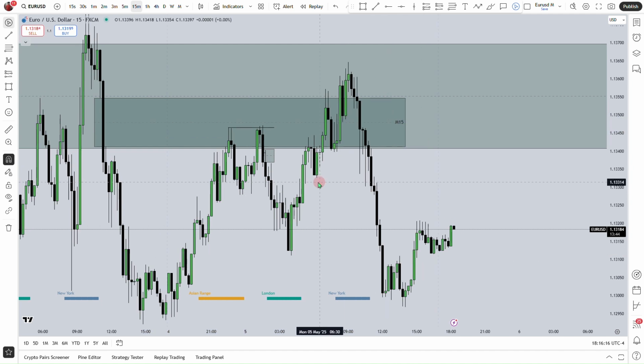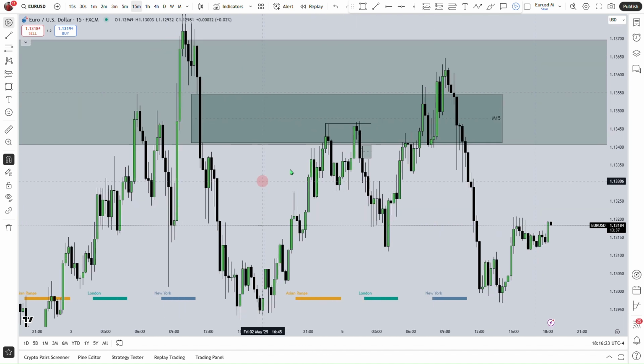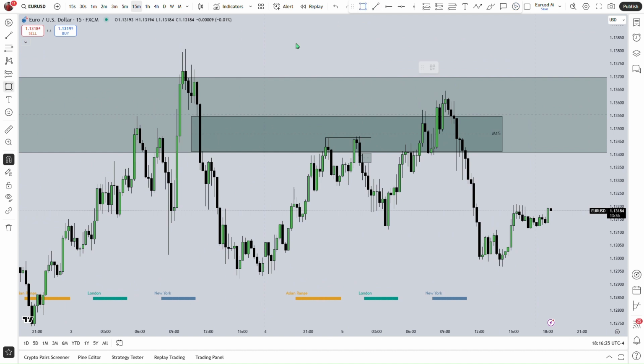Price went up, formed a high in New York, rejected from this 15-minute green candle. This was actually an order block, the last green candle before the down move. So price tapped into that, started moving towards the downside, but there was no trade as for today.